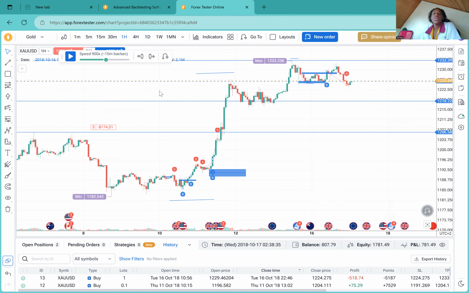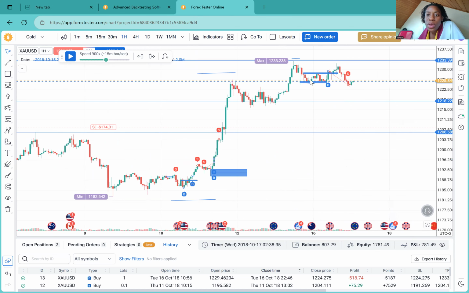Okay, so on the 1-hour, if you have a look here, you see this higher low that price has created. So I'll say we're in an uptrend, right? From here, we're in an uptrend, higher high, higher low, higher high, higher low, higher high, higher low, higher high, and then price did not make another higher high.